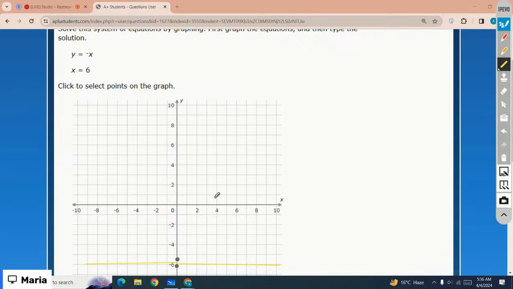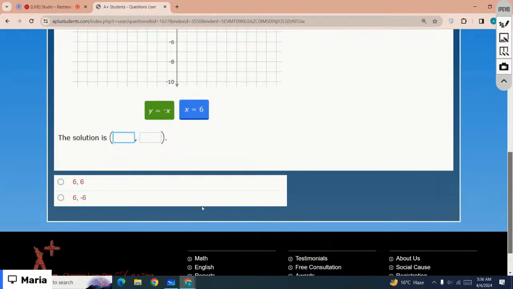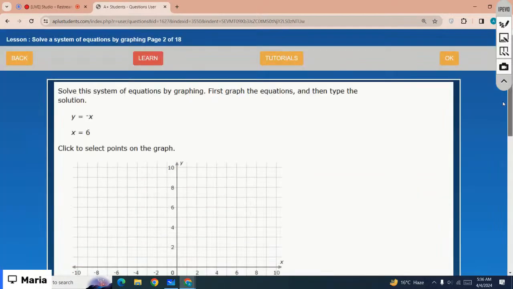Okay, then x equals 6. So that is the line x equals 6. You must have a point of intersection over here. So the solution of the system of equations is 6 and negative 6. X is 6, y is negative 6. 6 and negative 6 is the solution of this system of equations. Option 2 is the correct option.